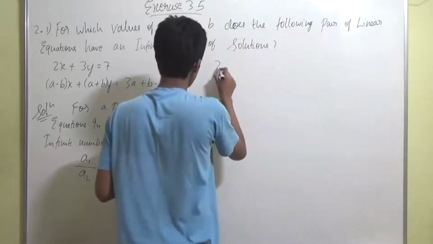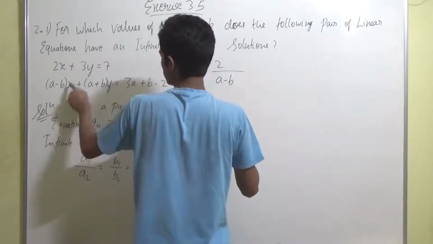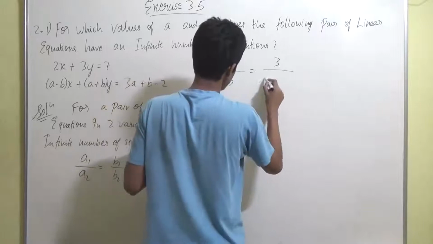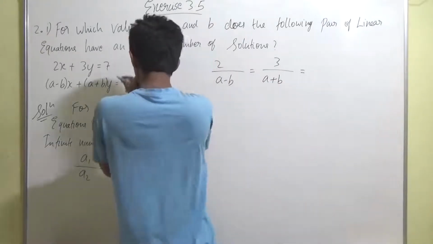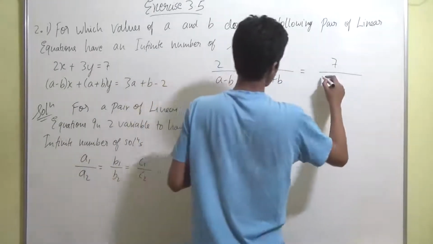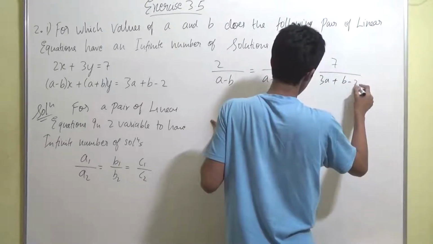So it's going to be A1 by A2 is 2 by A minus B should be equal to 3 by A plus B. Also it should be equal to 7 by, that is C1 by C2, 7 by 3A plus B minus 2.